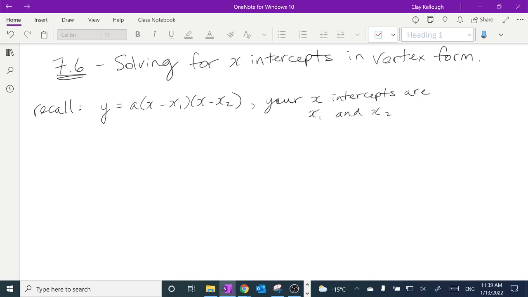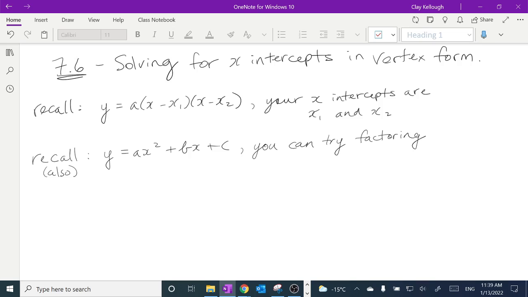And if you were in the form that we started the unit with, recall that if we were in standard form, you can try factoring and solving for x.